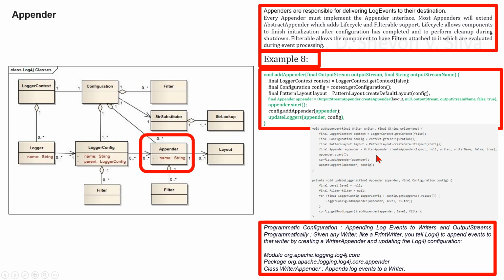Log4j 2.5 provides facilities to append log events to writers and output streams. For example, this provides simple integration for JDBC driver implementations that use Log4j internally and still want to support JDBC APIs.